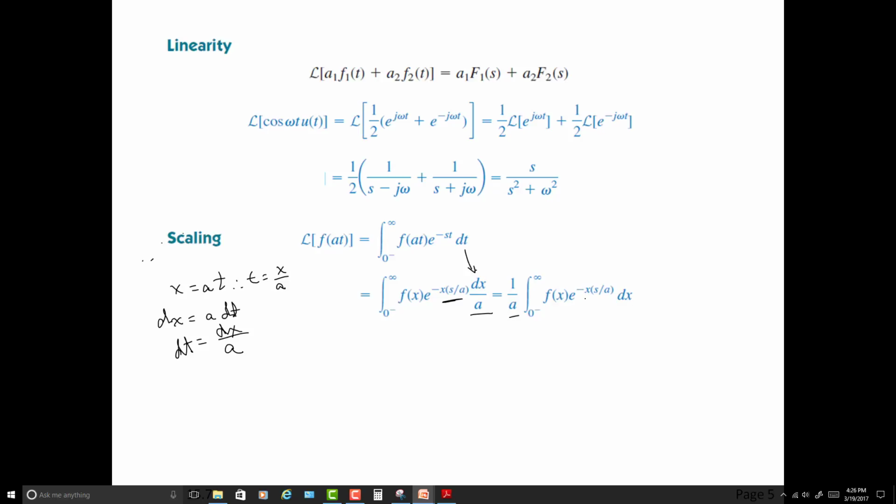But we know what that integral is, right? And so with this substitution, what we're saying is we now have the Laplace of a time-scaled function is equal to 1 over a times the original transform. Remember, this is a transform.